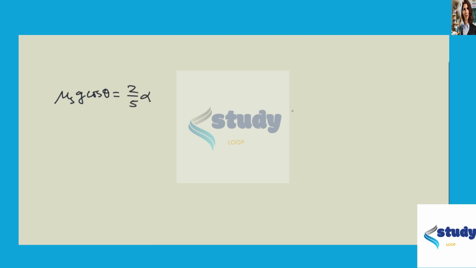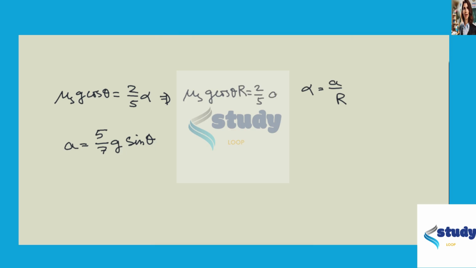Now using the relation alpha equals a over r, we get a as 5 over 7 g sine theta. The way we get that is we substitute alpha here, so we get mu s g cosine theta r equal to 2 over 5 a.